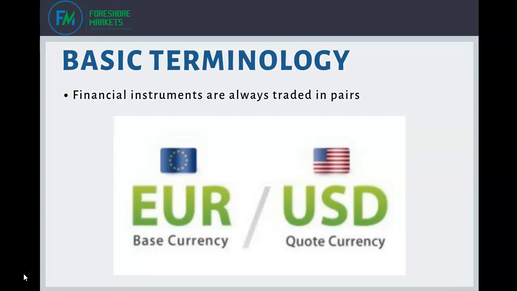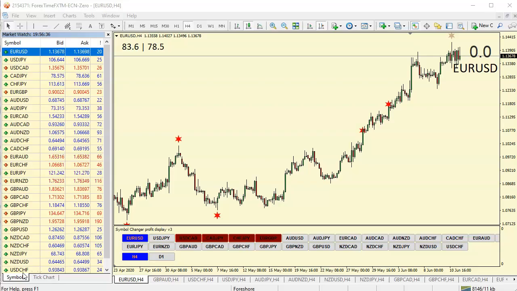Now, let's look at a typical market example. Here I have a real MetaTrader 4 chart and terminal. The MetaTrader 4 terminal is what connects you as a trader to the interbank market through your broker.